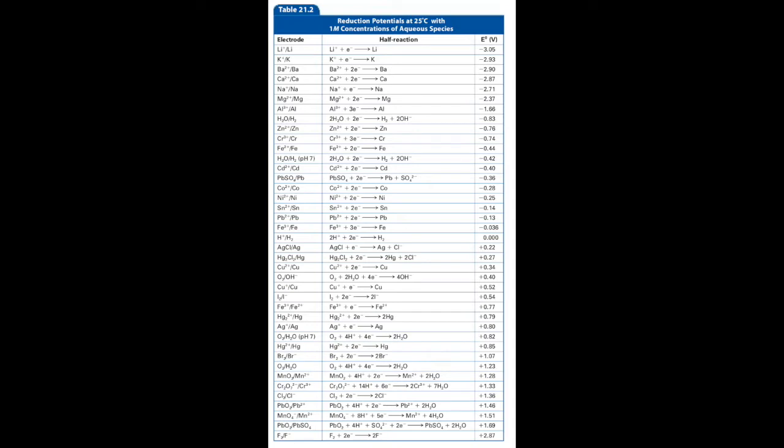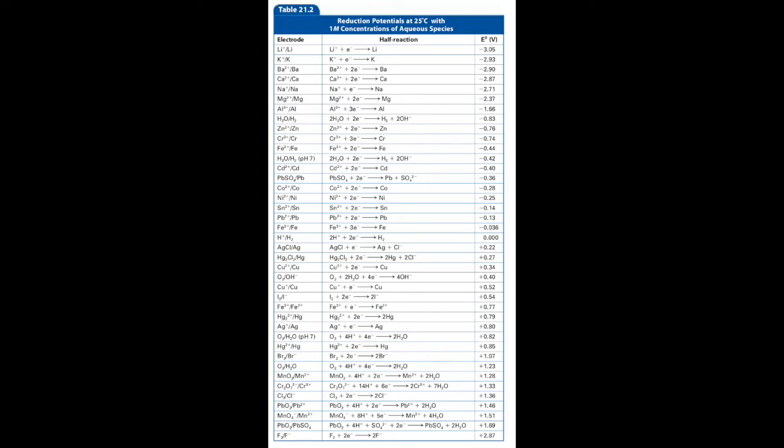And then you say the overall cell potential is going to equal the reduction potential for the reduction half reaction minus the reduction potential for the oxidation reaction. And that's it. And that is all you need to know for section 2.